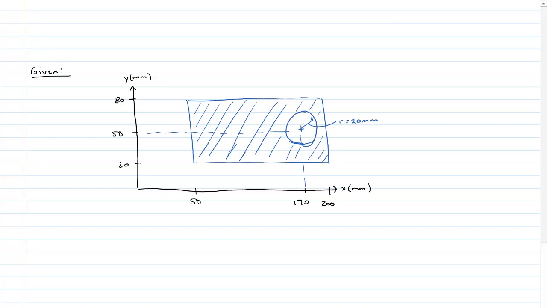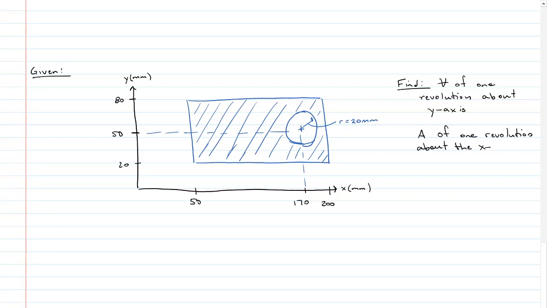All right, I wish to find the volume of one revolution about the y-axis and the area of one revolution about the x-axis.